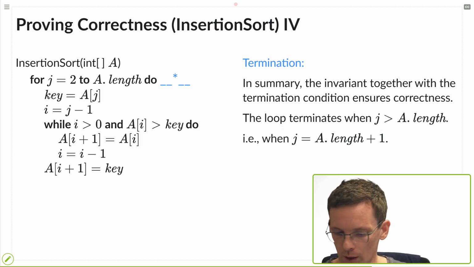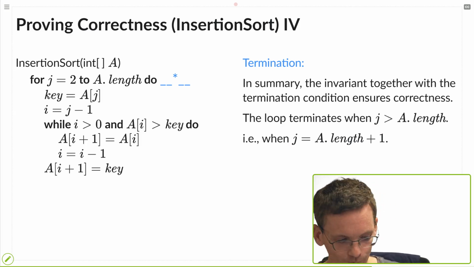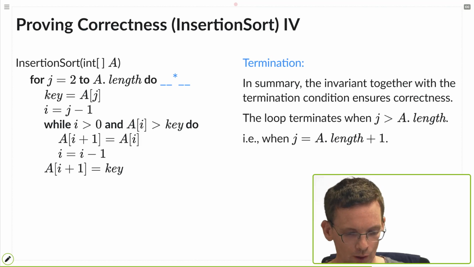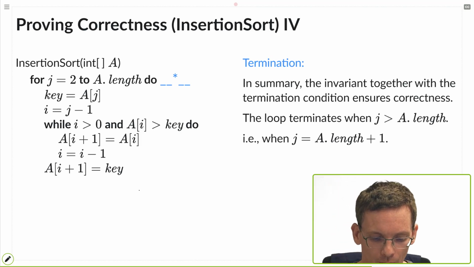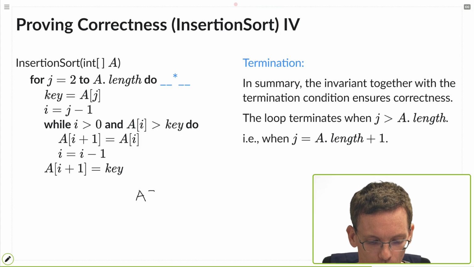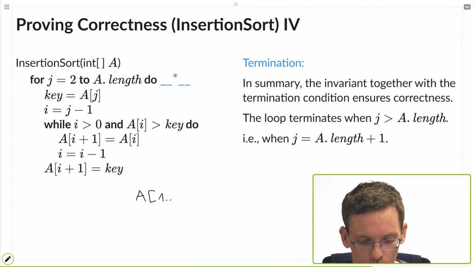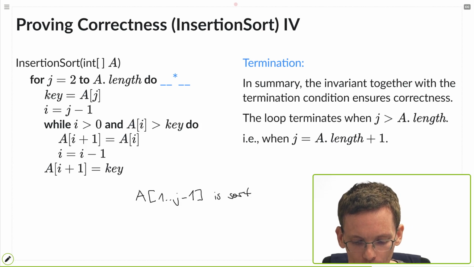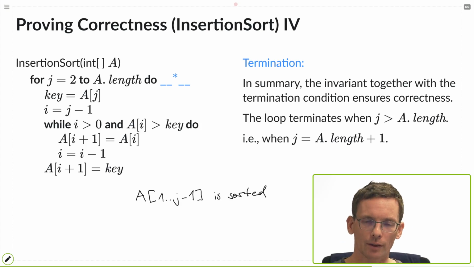Now, what does this mean for us? The loop invariant said, in brief, that A[1 to j minus 1] is sorted, with the same elements.